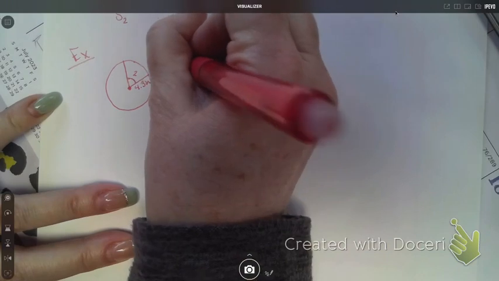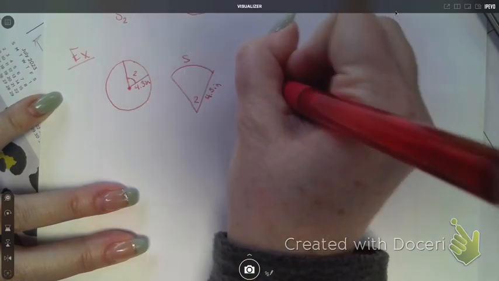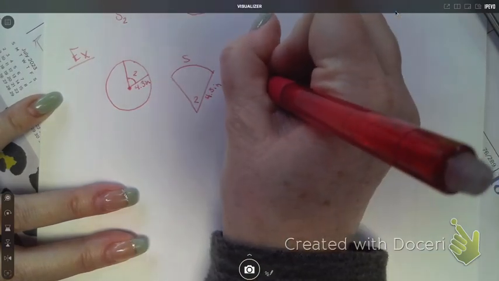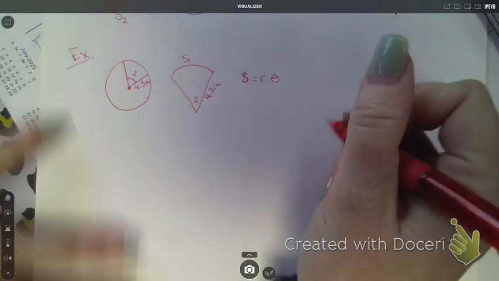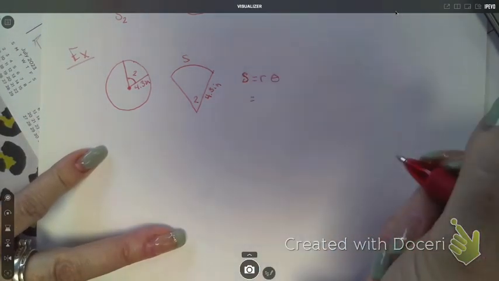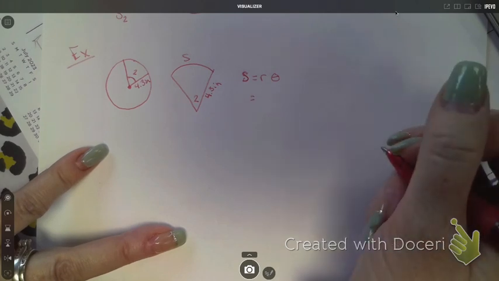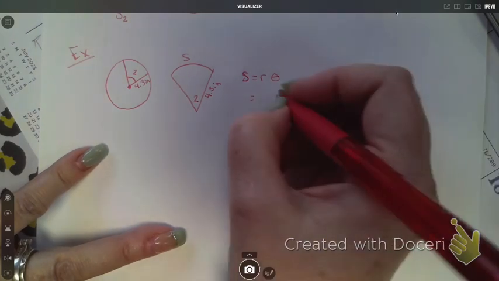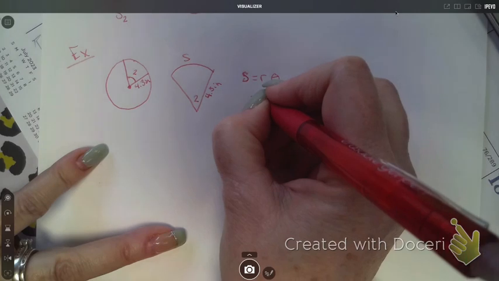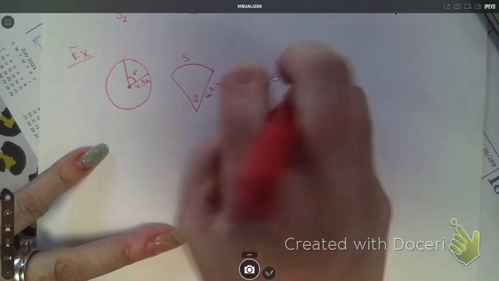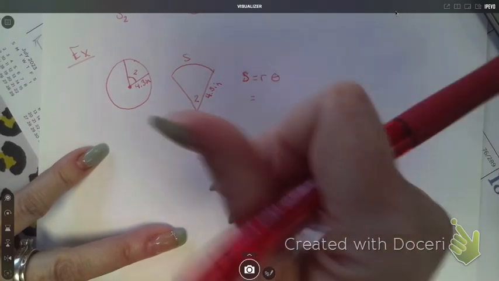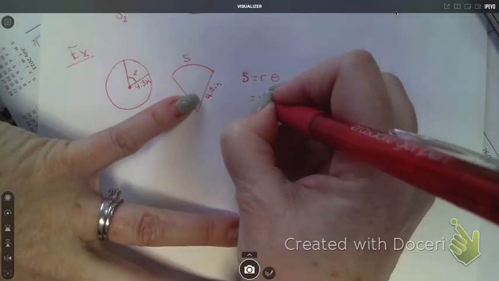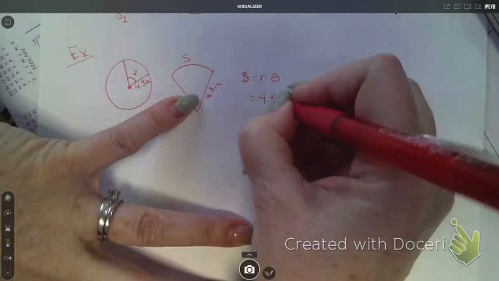So we're doing S. So S equals R theta. I would advise you to write that every time so you remember. Okay, theta has to be in radians. R is 4.3 and theta is 2.